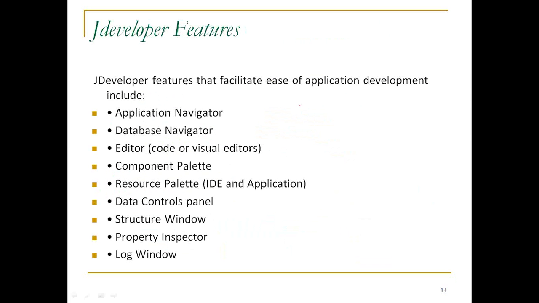Before starting the application, we have to understand the environment where we develop the application, right? So we have something called JDeveloper here, which we generally work in during our training. We'll be working on version 11.1.7. This is the version we work on because it's the most stable version.